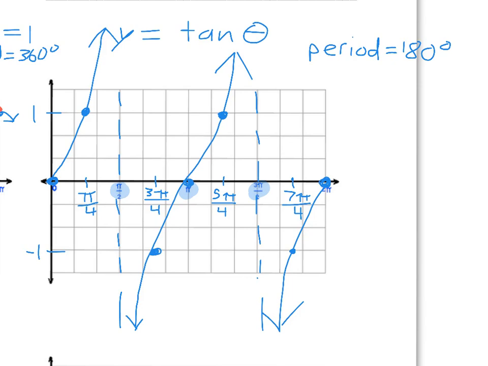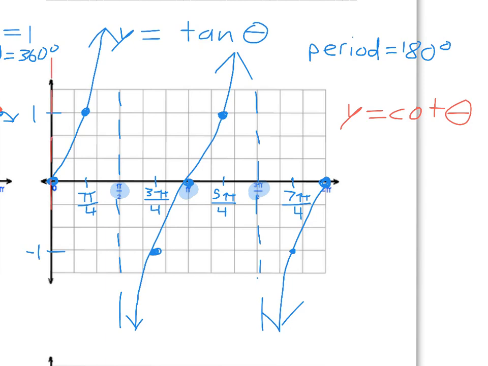Okay, now let's graph cotangent of theta. So remember, when tangent is at 0, the reciprocal of 0 is undefined. So when tangent is 0, cotangent is going to have an asymptote.